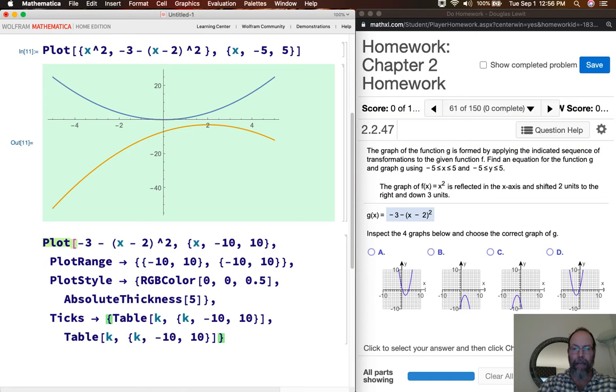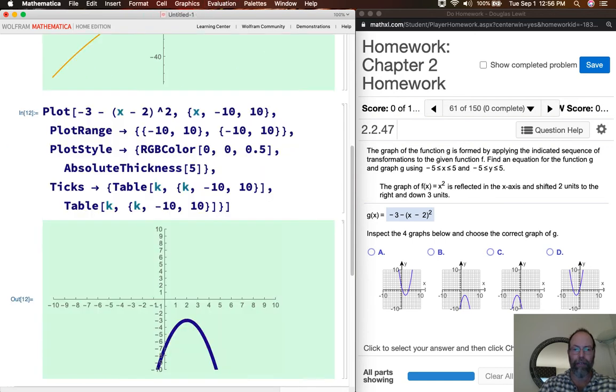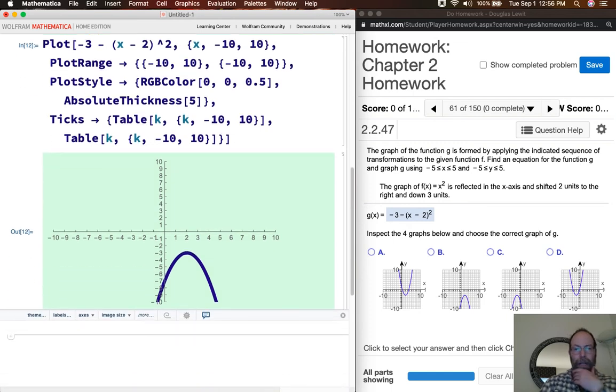And let's see what we have for right now. Shift Enter. Okay, well, it's not a bad picture, but it's not terrific.